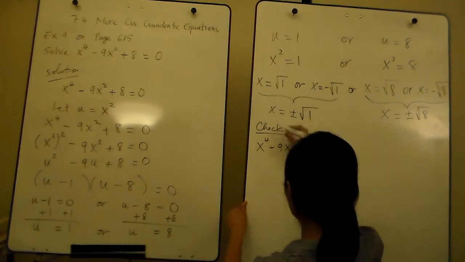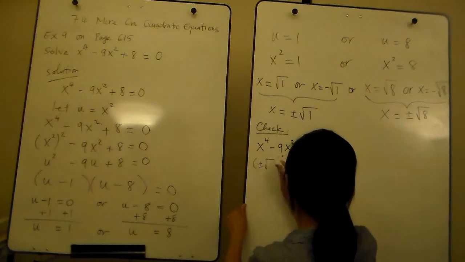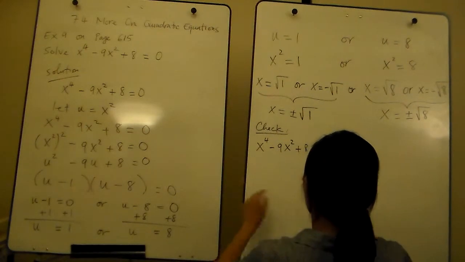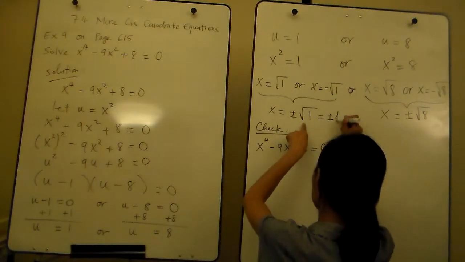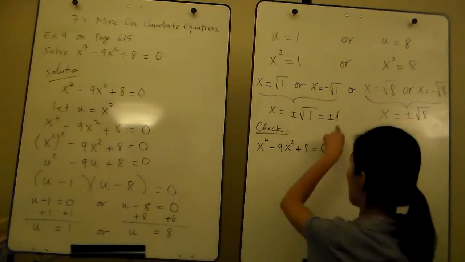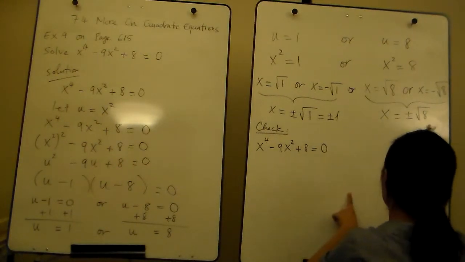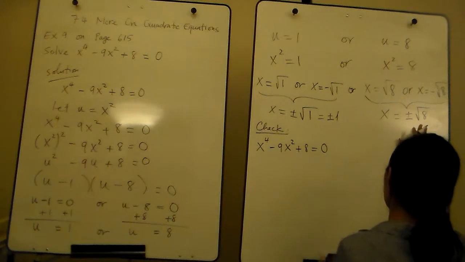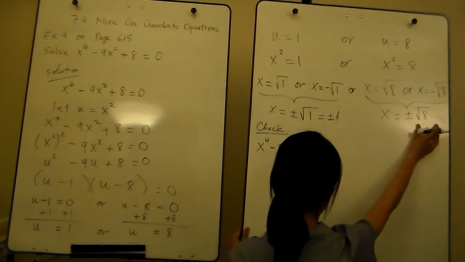So let me test this solution first. Replacing x with plus or minus square root of 1. You can still simplify this to positive or negative 1, because square root of 1 is 1. For this other one, you can simplify it too, but I will leave it for now because it's easier in this form.